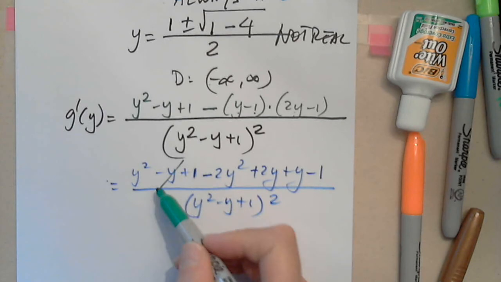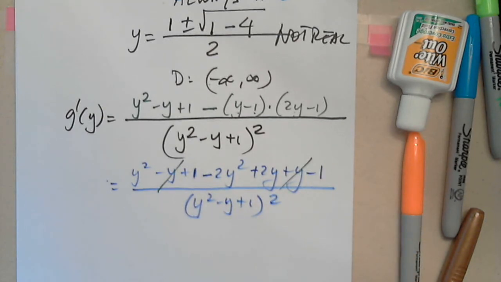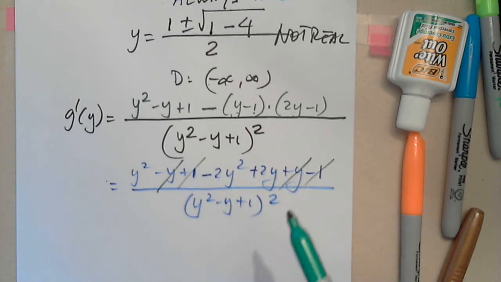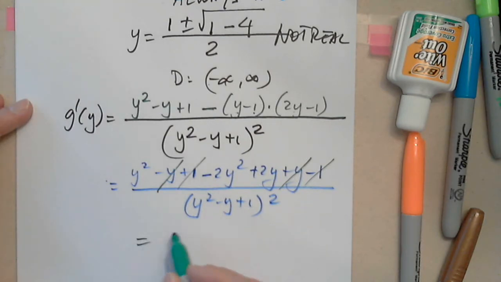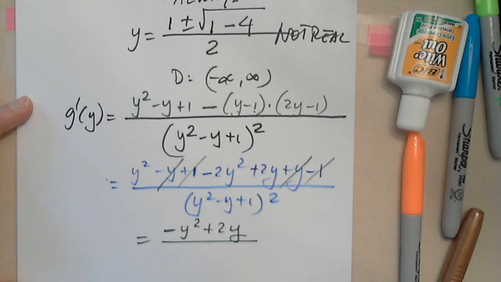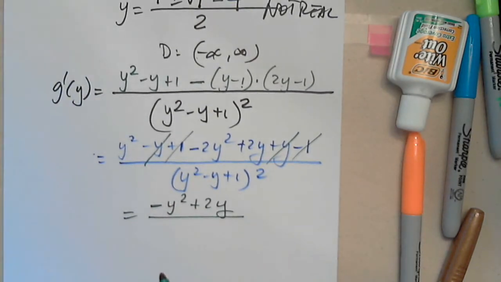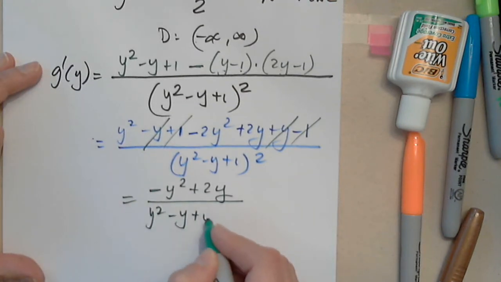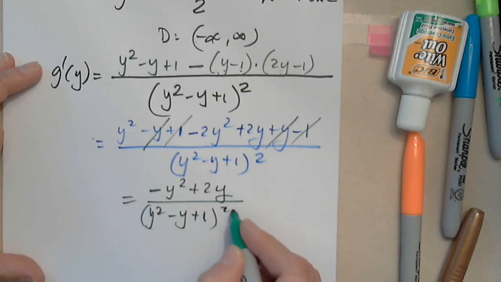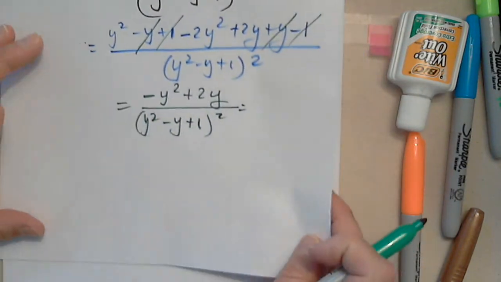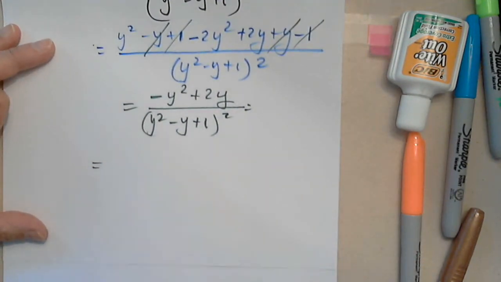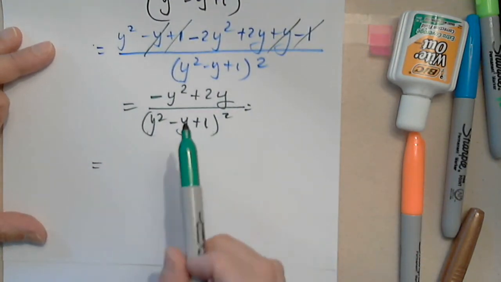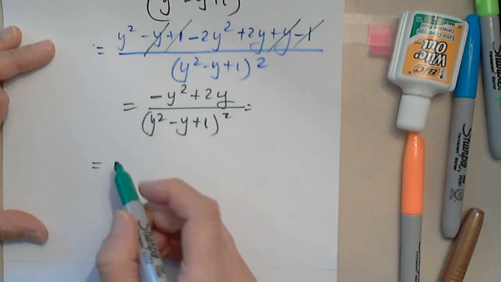Okay, so I have a negative y with a positive y. I have a positive 1 with a negative 1. And then I have a negative y squared and plus 2y over y squared minus y plus 1 squared. And this is the reason why I insisted, not that I would deduct points, but I insisted for you to completely factor this.